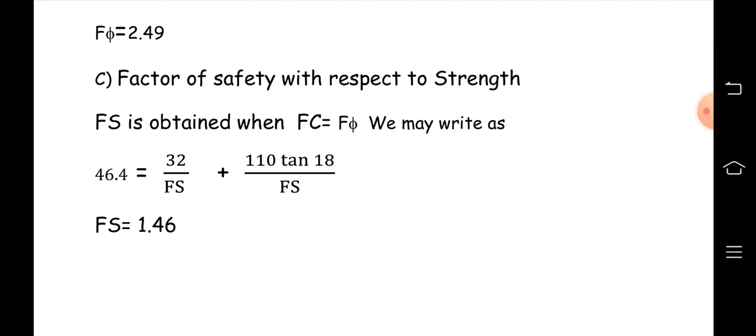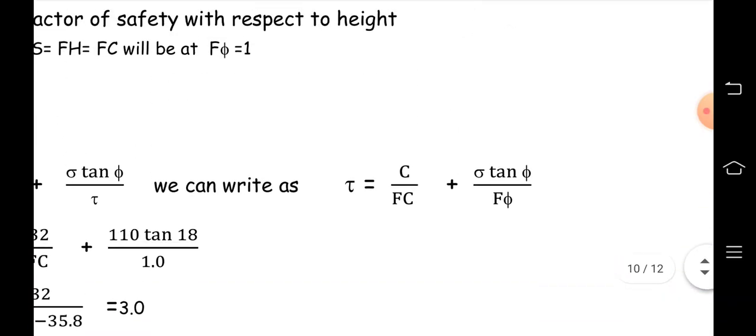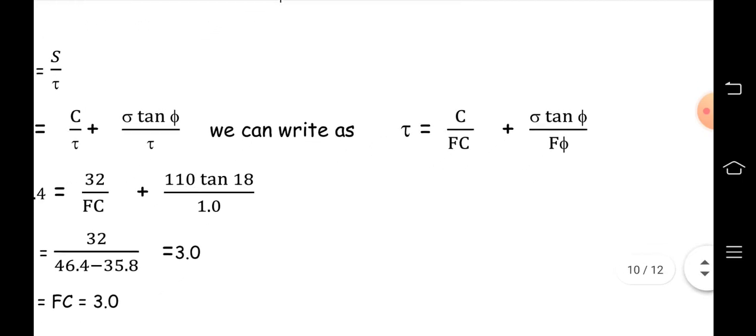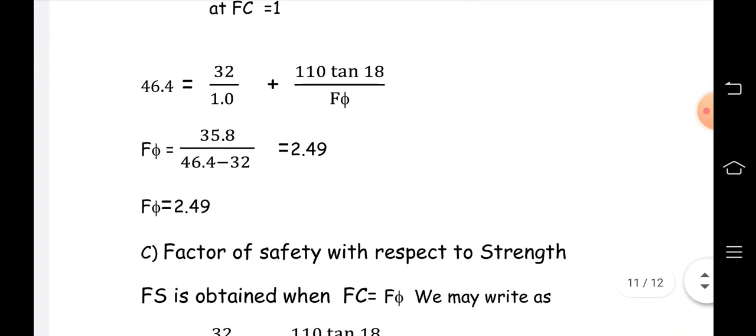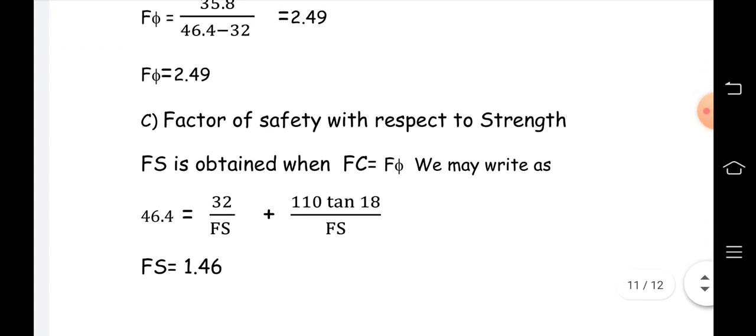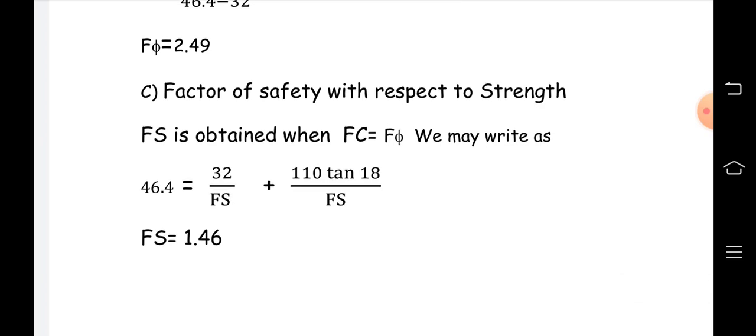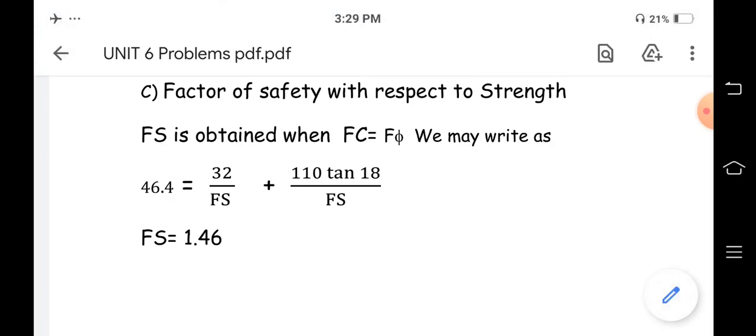So this equation, look, our main equation, that is tau equal to C upon Fc plus sigma tan of phi upon Fphi. Here Fc equal to Fphi, so directly we call it Fs. Then the equation is tau value 46.4 equal to C value 32 upon Fs plus 110 tan of 18 upon Fs, because both Fc and Fphi are the same, so we call it Fs. That is 46.4 equal to 32 upon Fs plus 110 tan of 18 upon Fs. So how much Fs did we get, 1.46.